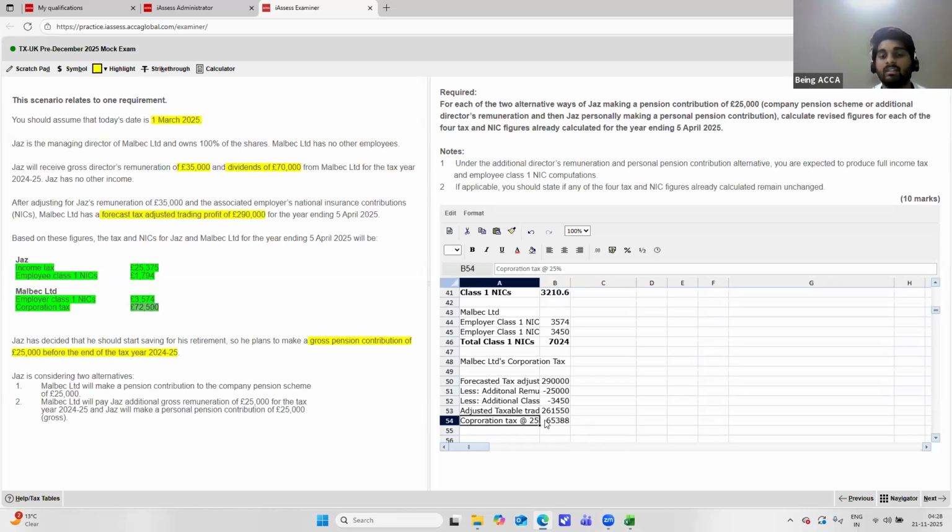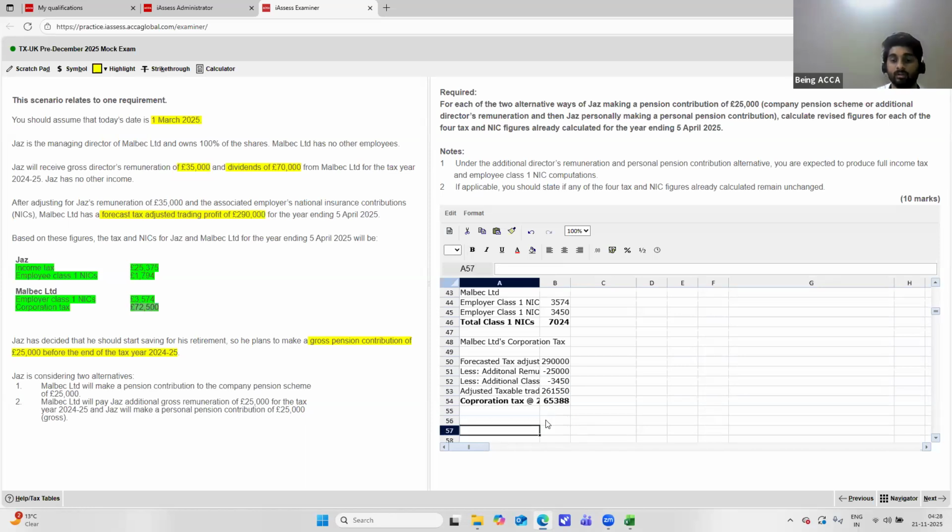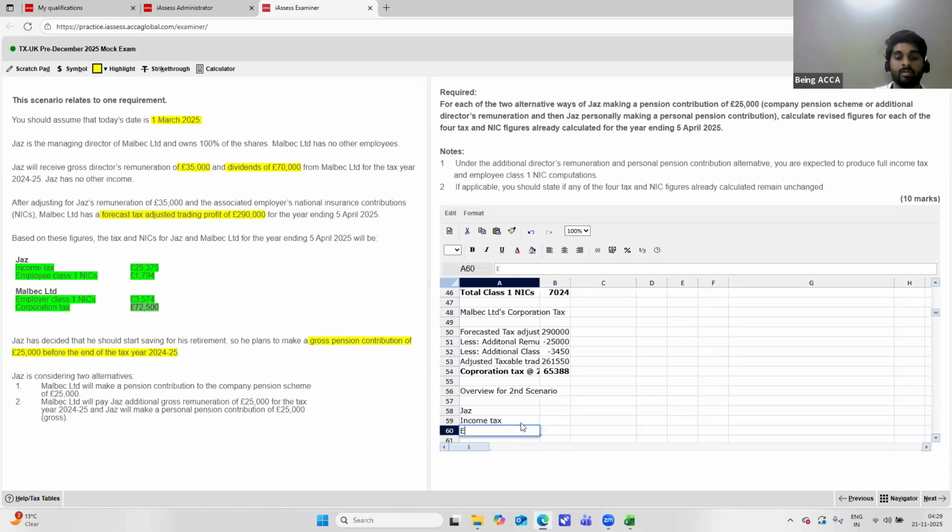After all the calculations is where we will show an overview. Overview for second scenario. We'll show it here. Income tax would be income tax, and employee class 1 NICs.